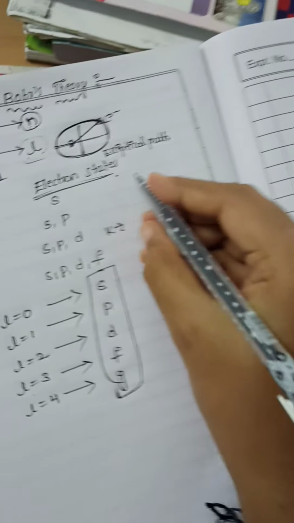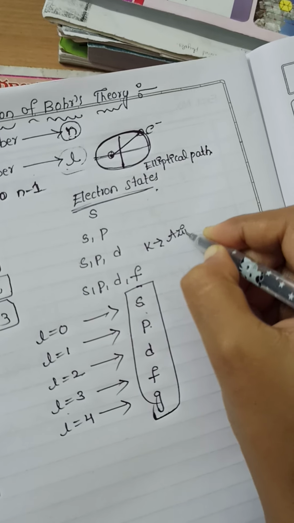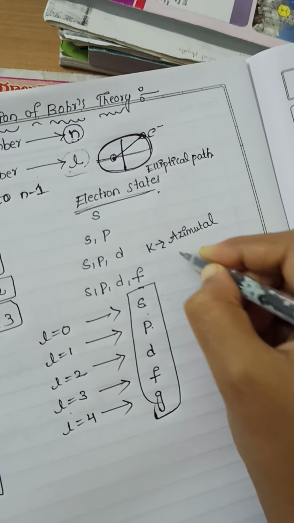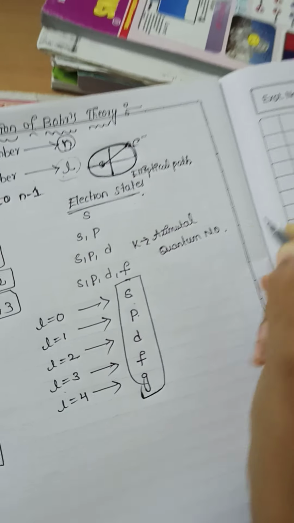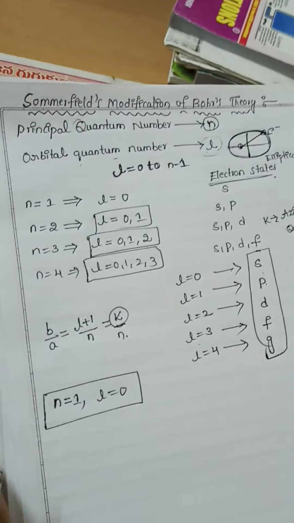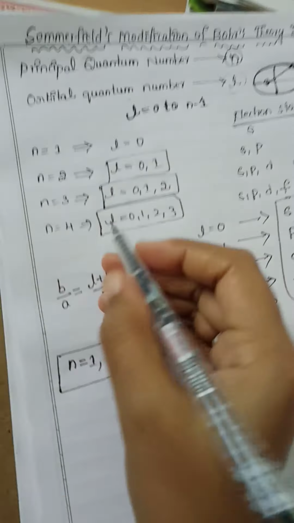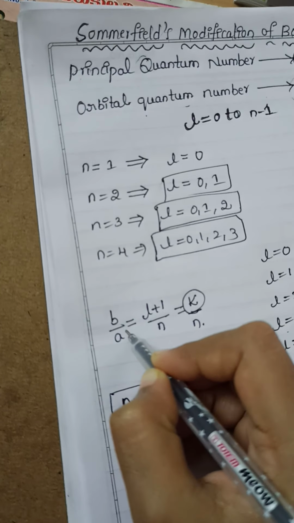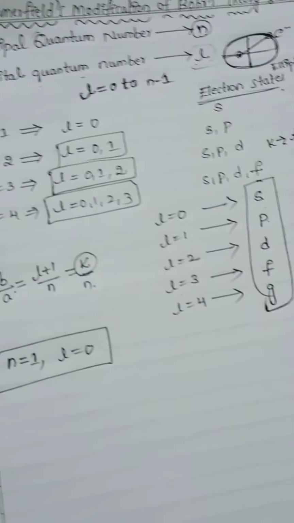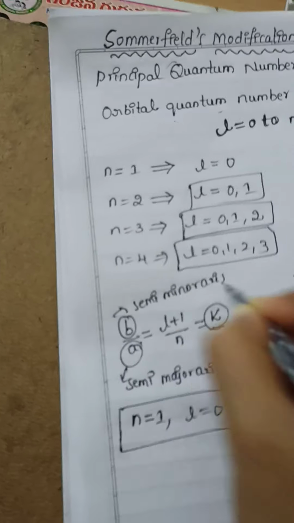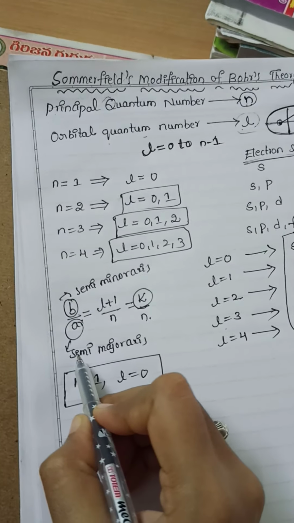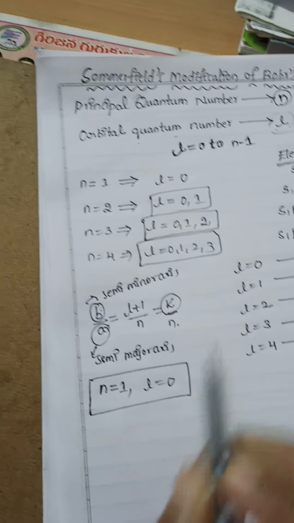L and K are both the same. A is the semi-major axis of the ellipse, and B is the semi-minor axis of the ellipse.